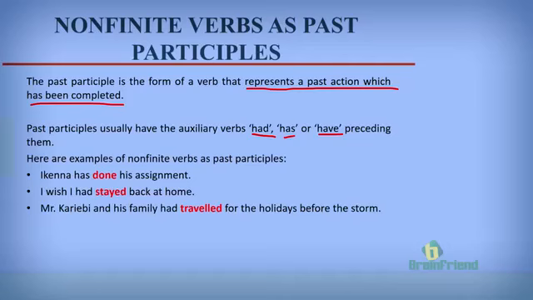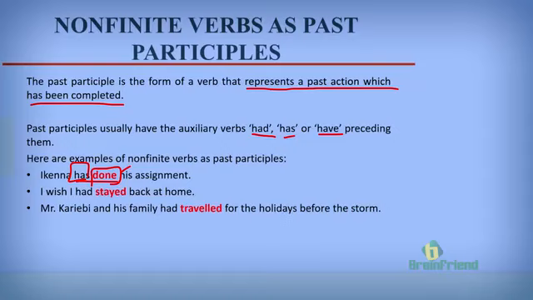For example, we have Ikenna has done his assignment. The verb done here is in past participle. Why? Because we have the auxiliary verb has preceding it. So done here is a non-finite verb because non-finite verbs function as past participles.